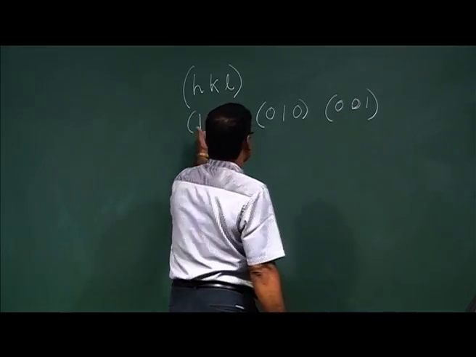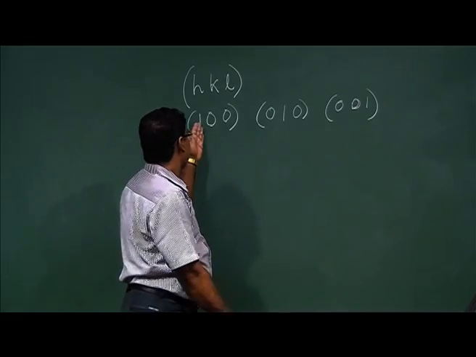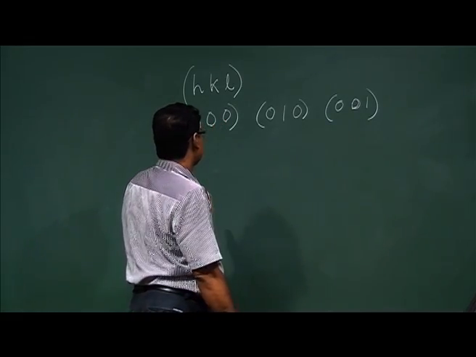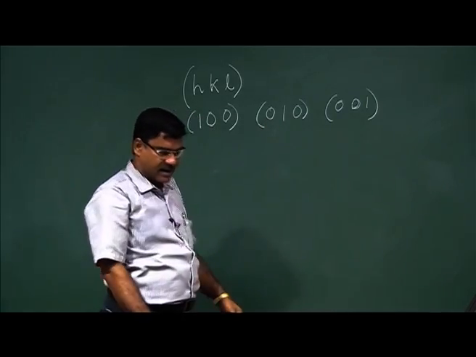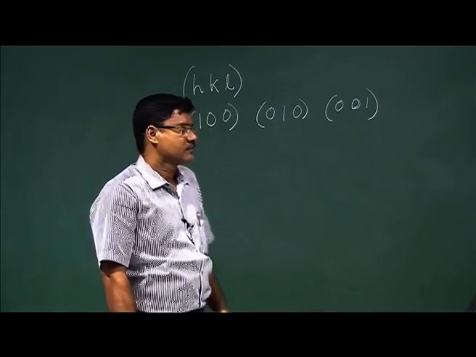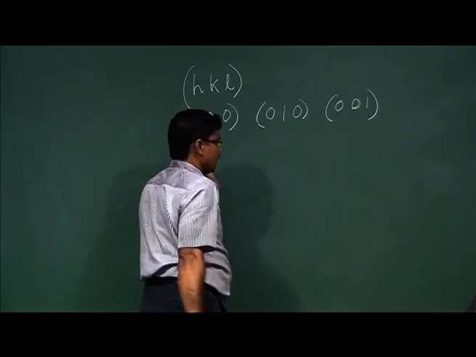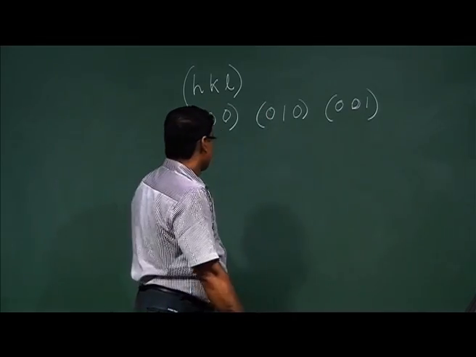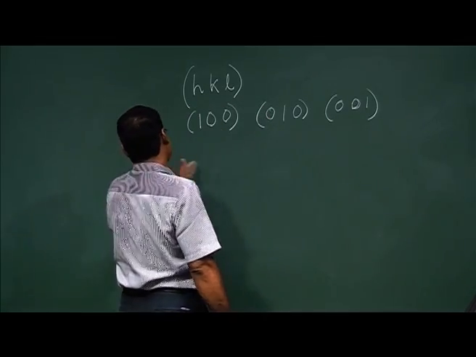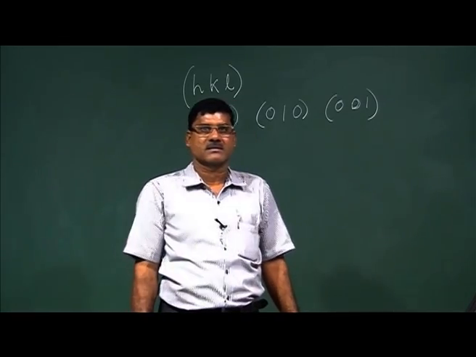Now, when I showed this (1 0 0), that plane basically intersects the a axis, at 1a or 2a, 3a, 4a. It can also intersect on the other side, the negative direction of the a axis.